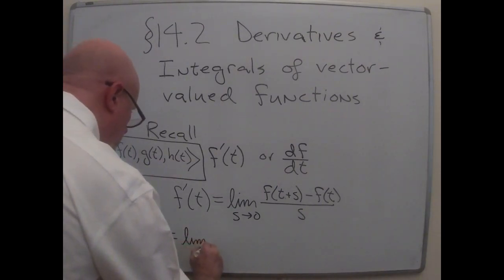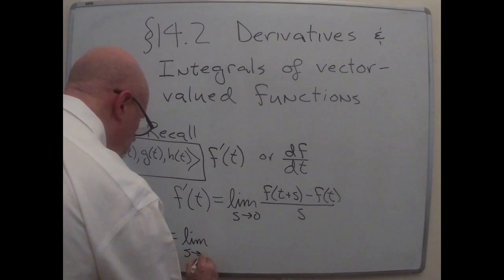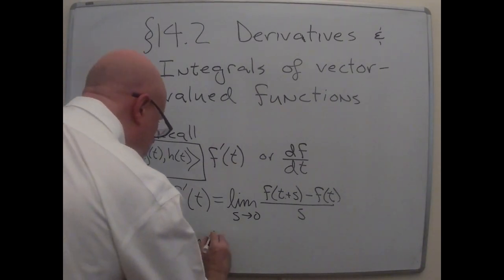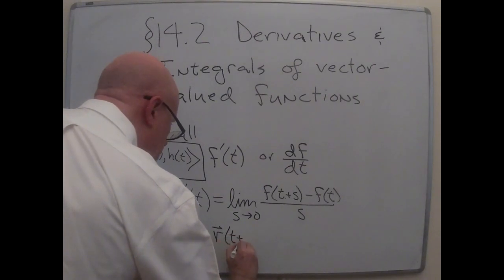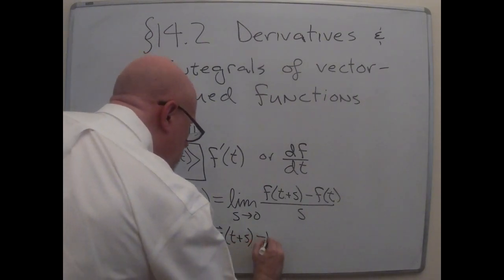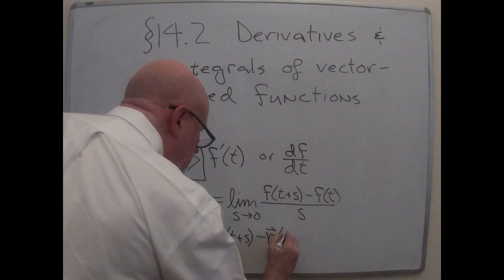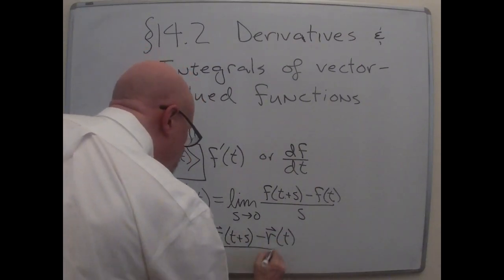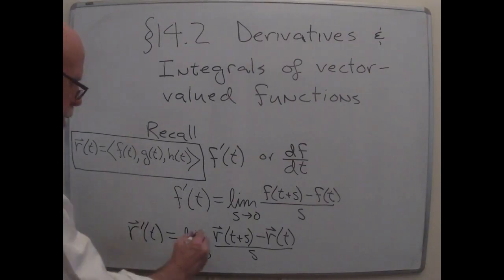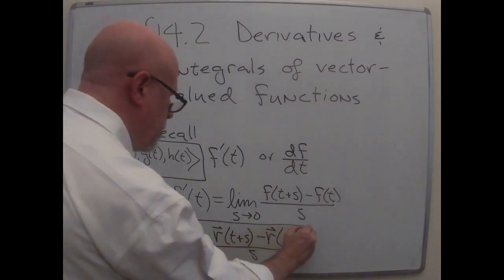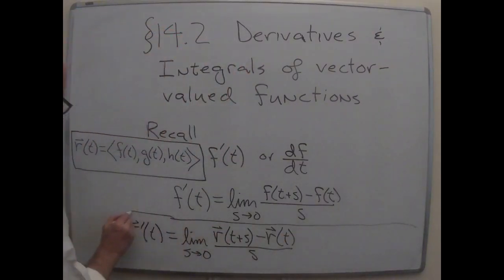It should be the limit with s going to 0 of r evaluated at t plus s minus r evaluated just at t, all divided by s. So in other words, it looks just like the thing above. In fact, it's sort of bleeding into the thing above. I'm putting a line across the board so you can tell them apart.